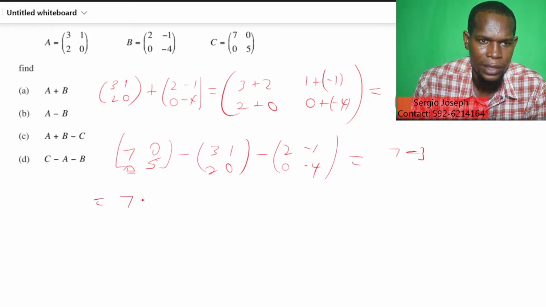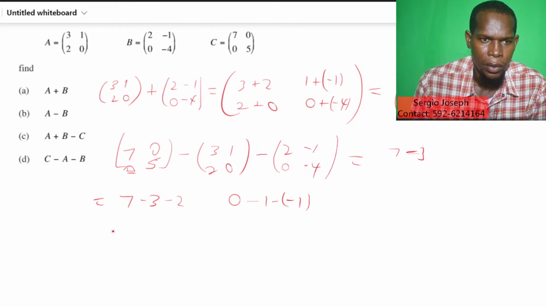So we have 7 minus 3 minus 2, in the white space, 0 minus 1 minus 1. Go down to the second row, 0 minus 2 minus 0. There we go. Second column, second row, 5 minus 0 minus 4.